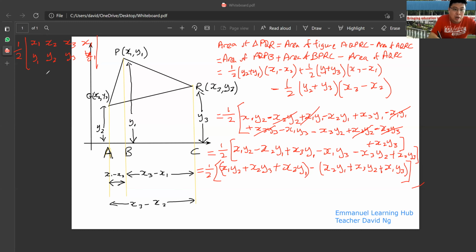Okay. Once you have this all, I multiply the negative side first. So x1, y2, negative gradient first, plus x2, y3.